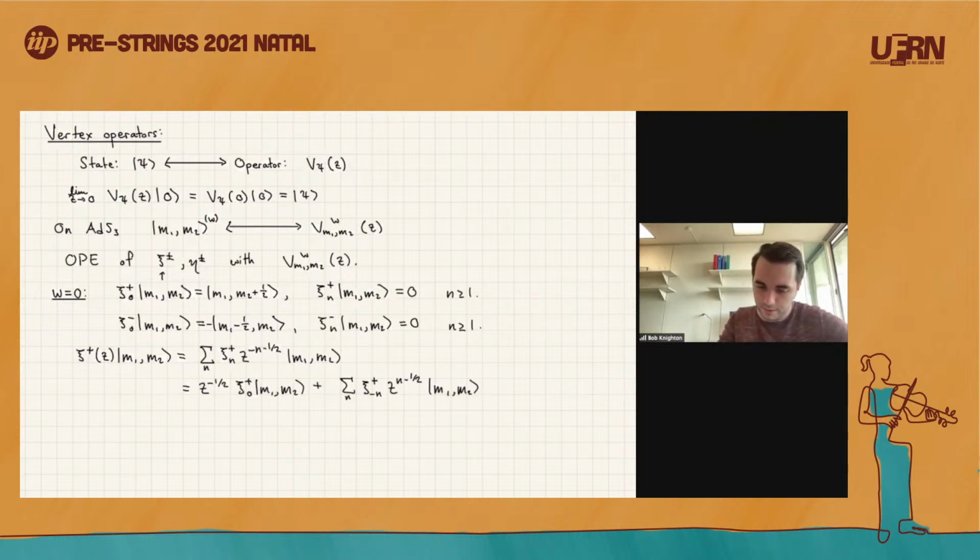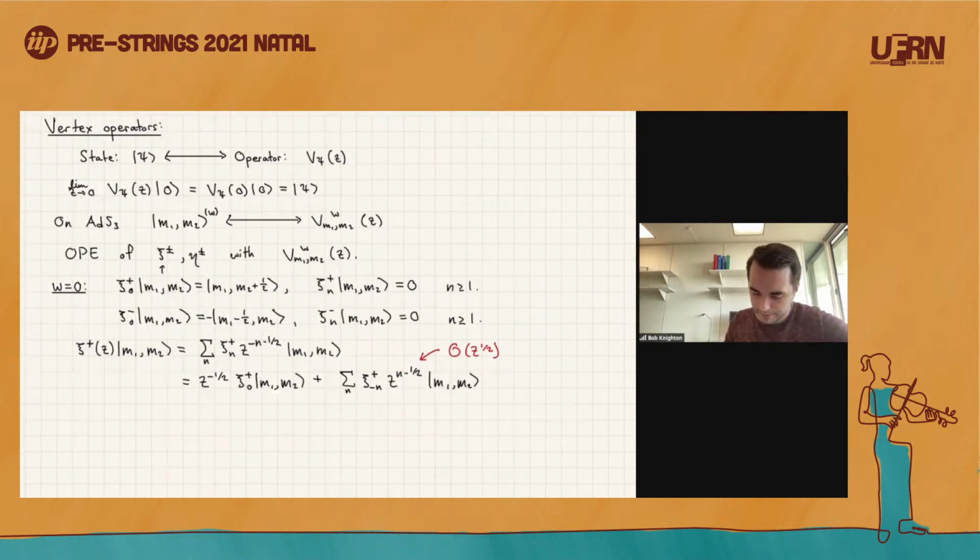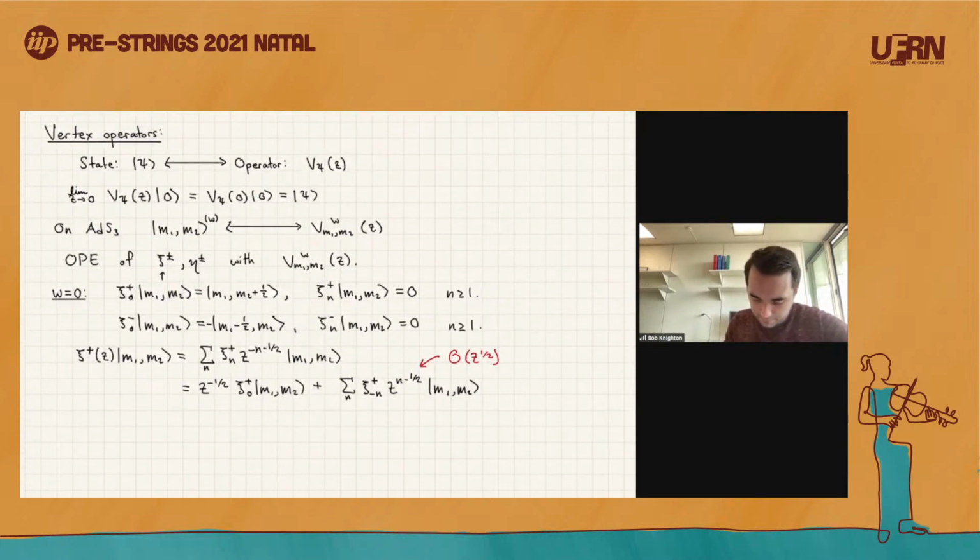This term in particular is O of z to the 1/2. Typically when we talk about an OPE, we forget things that are regular as z goes to 0, because we only care about the divergent parts. So this is just z to the minus 1/2 psi, m1, m2 plus 1/2, plus things that are regular.